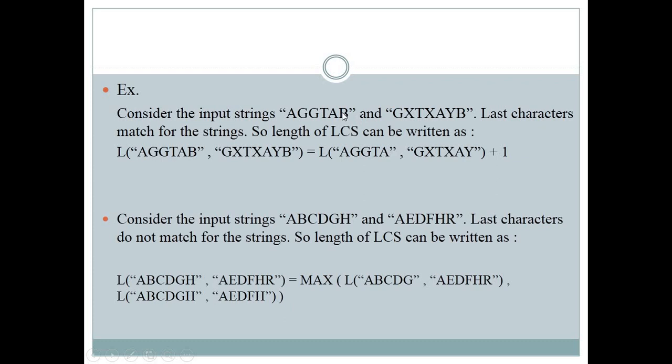So here we have discarded B from both strings: AGGTA, we have discarded B.